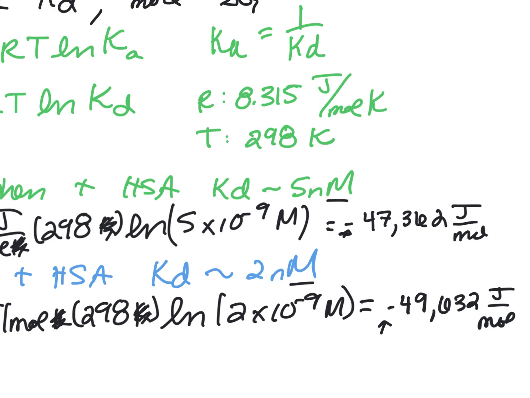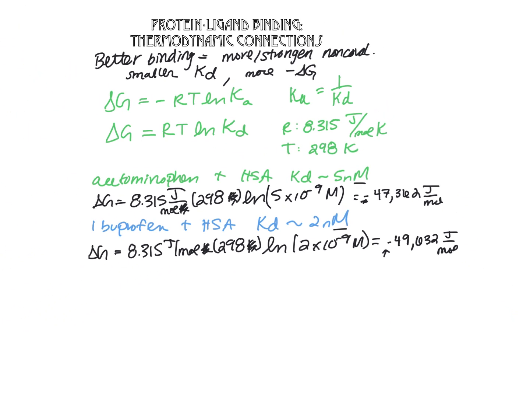Okay, so this all totally checks out because remember, the smaller the KD, that's in this case 2 nanomolar compared to 5 nanomolar, the better the binding, and the more negative the delta G. And this one is a more negative delta G than this one.